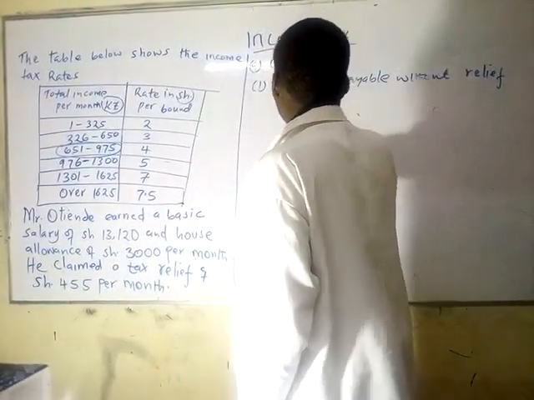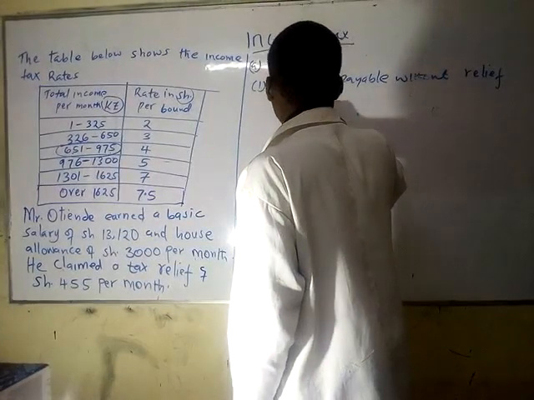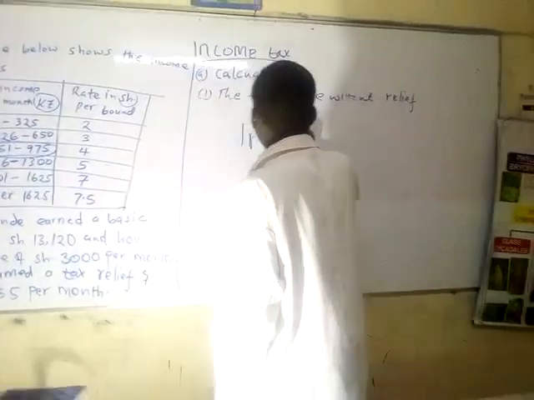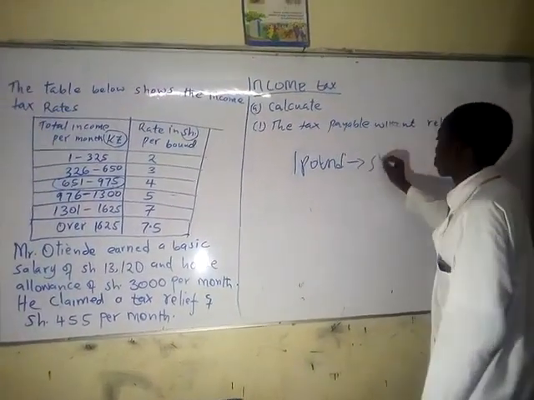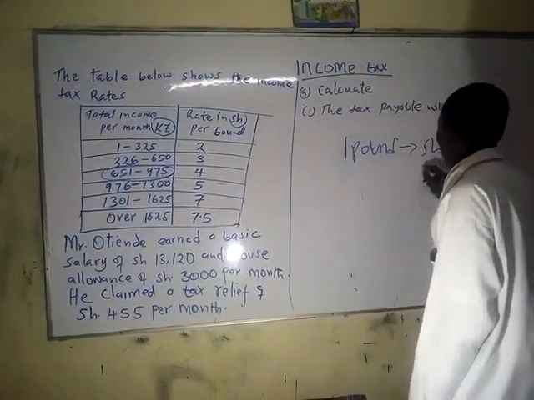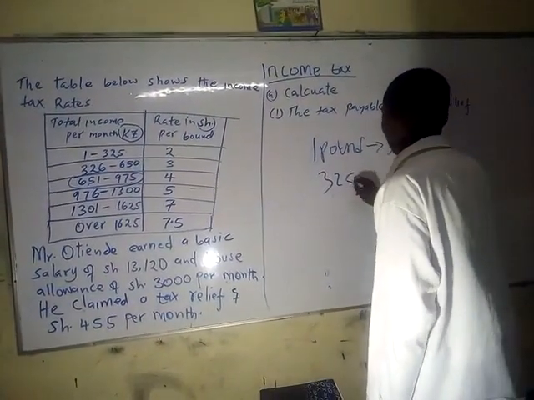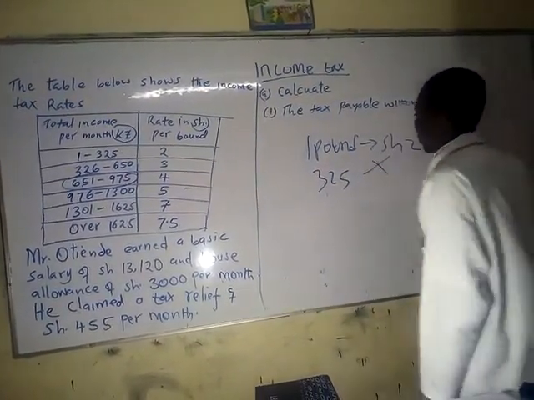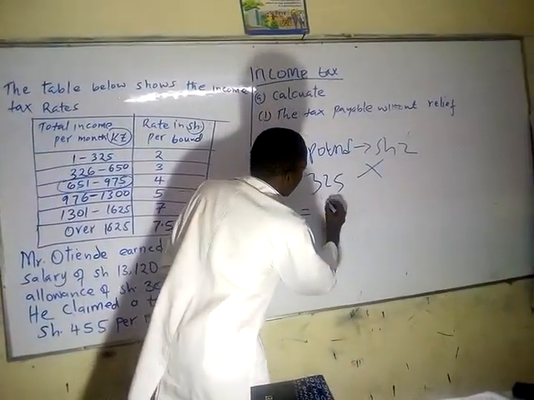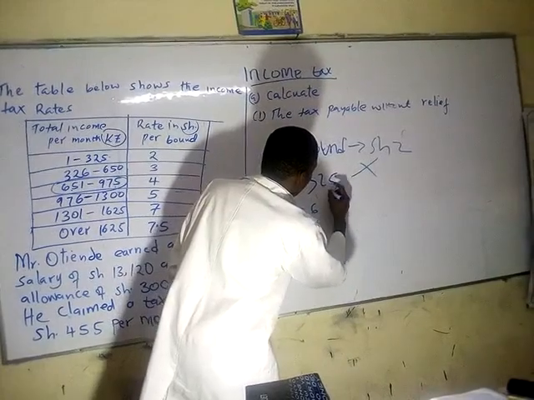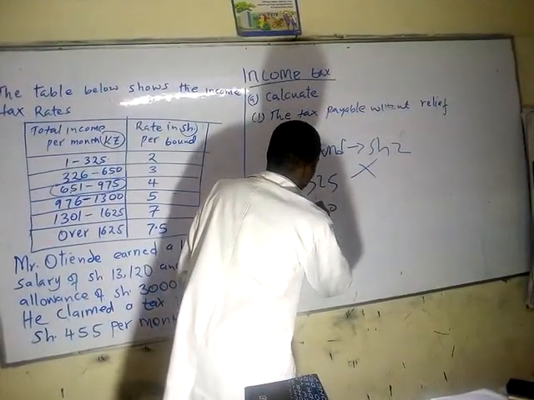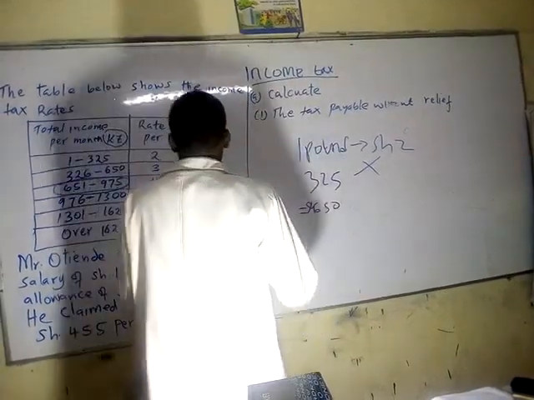So 1 pound is rated at 2 shillings. So you come and ask yourself, what about 325 pounds? You multiply, you get 650 shillings.